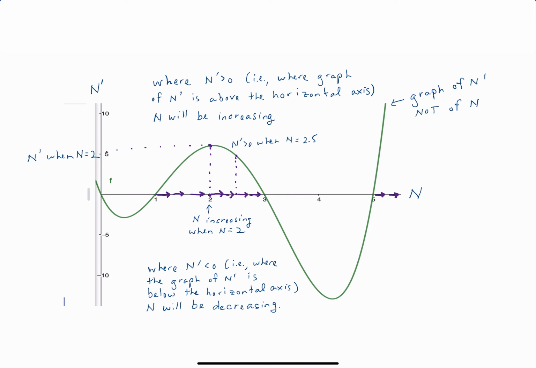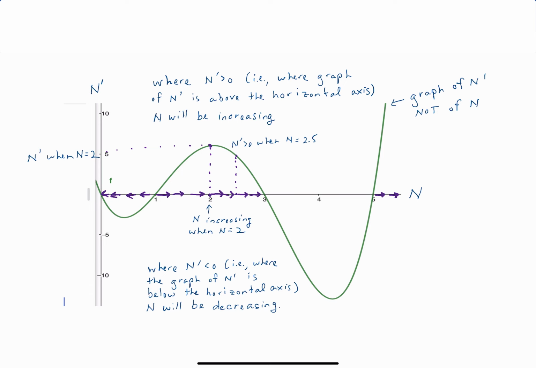So in this whole section from 0 to 1, the derivative graph is below the horizontal axis, so the function is decreasing. And remember, this graph is not the graph of N, it's the graph of N prime.